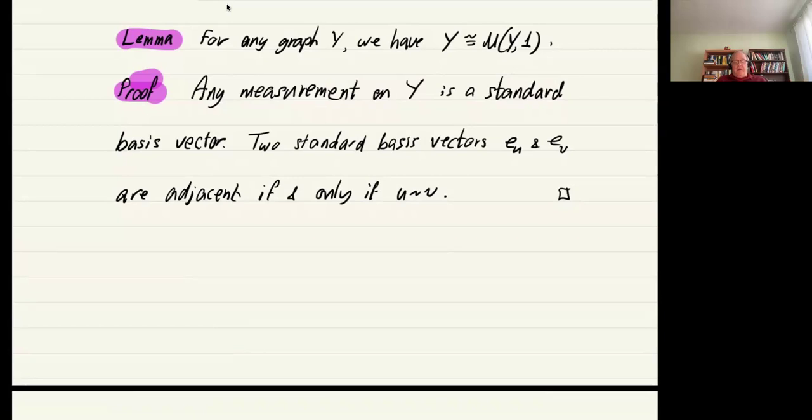And being adjacent means u is equal to v. So that's a nice easy exercise if you're not sure about that proof.